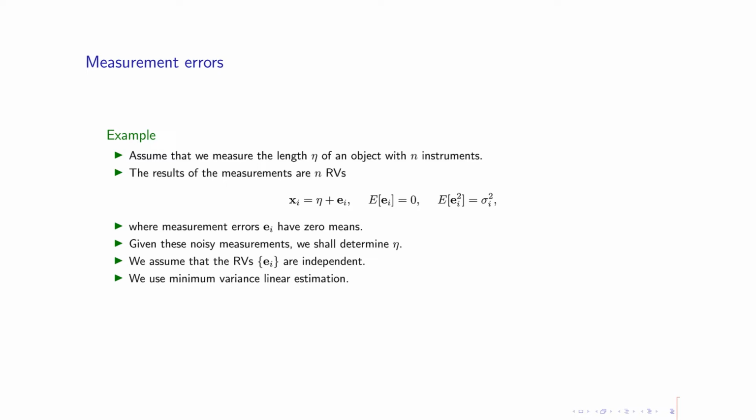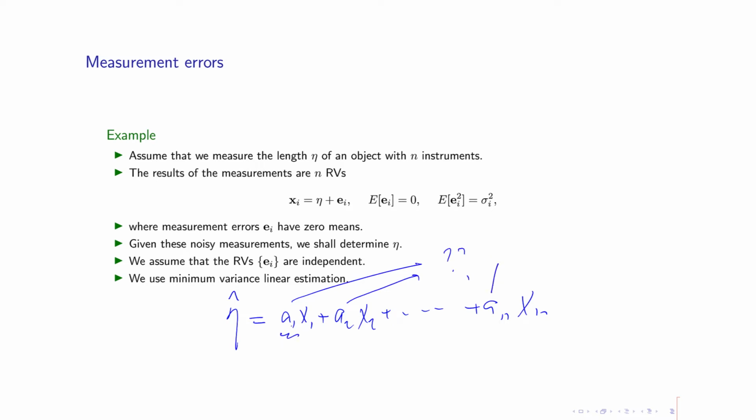Basically, we want to estimate eta hat by a linear combination of, let's say, a1 x1 plus a2 x2 plus ... plus an xn. We want to know what we should use as a set of values for these ai. So what should be a1, what should be a2 and an.